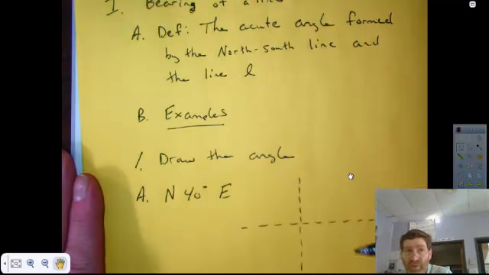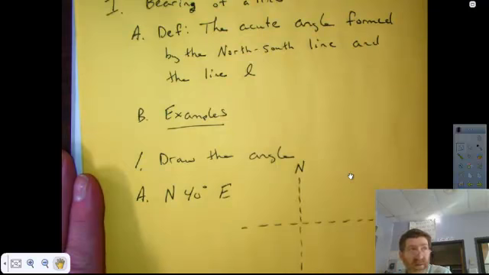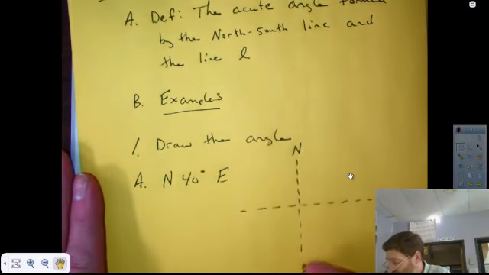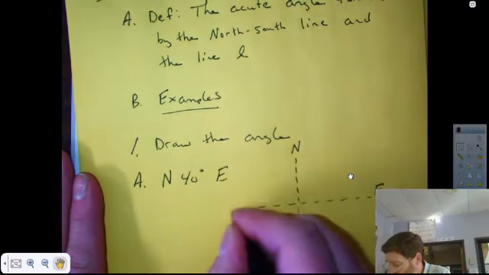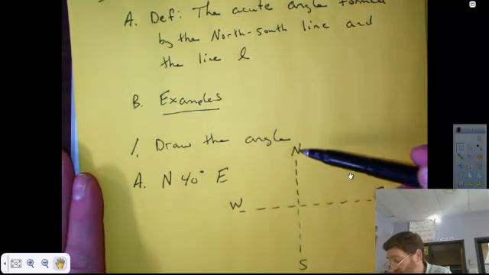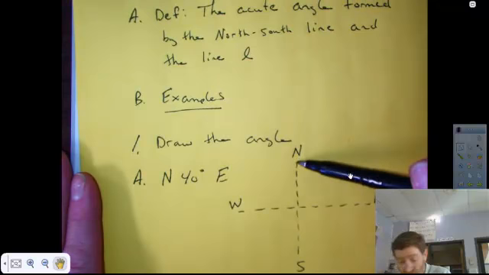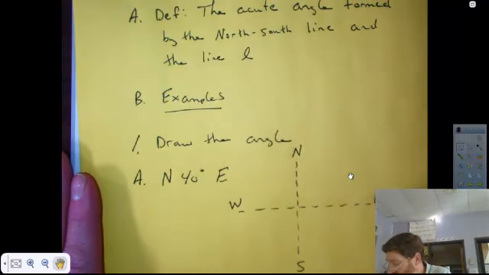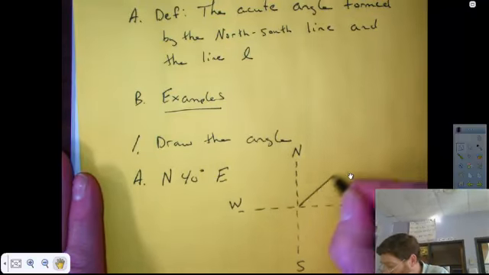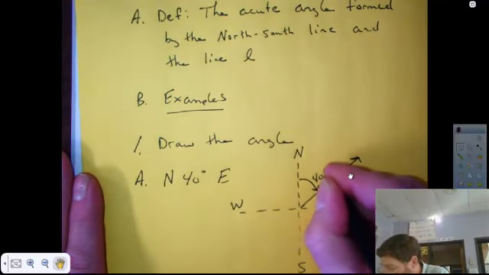This one starts from the north and rotates to the east 40 degrees. I guess we should review north, south, east, west, if you're not familiar. You should have that memorized. So measured from the north to the east 40 degrees, this would be the angle. So this is 40 degrees.